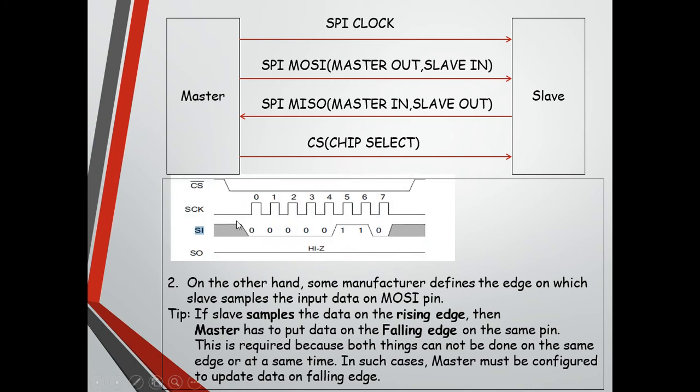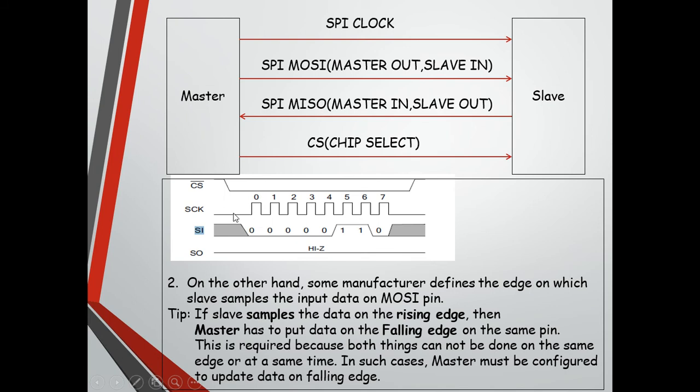Now let's see this timing diagram. This is the SPI clock. You can see that by default the clock is at low level, so this refers to clock polarity 0. Now you can see the SI, the master output slave input pin, so this is the output of the master. You can see that the output of the master is in advance, that means it is not in sync with the clock. The clock is delayed and this data is advanced.